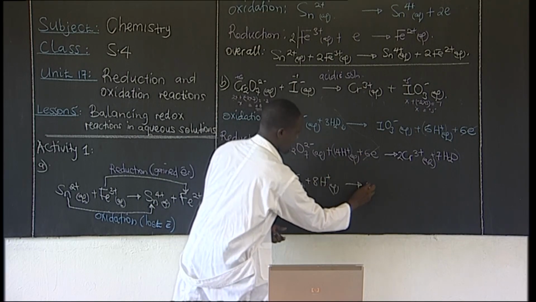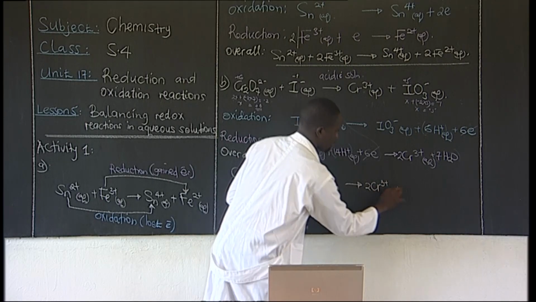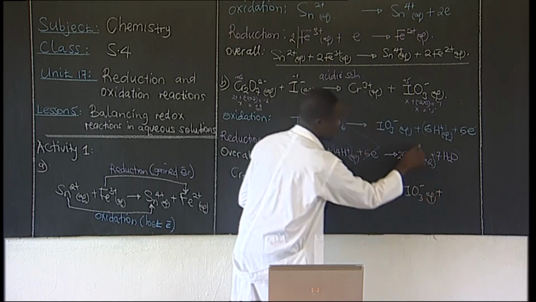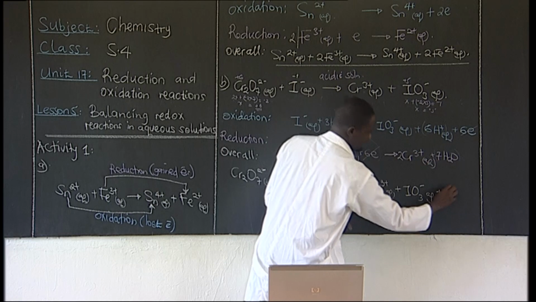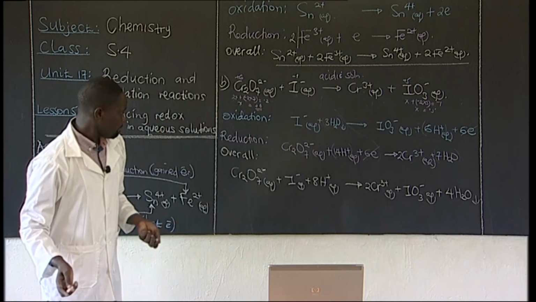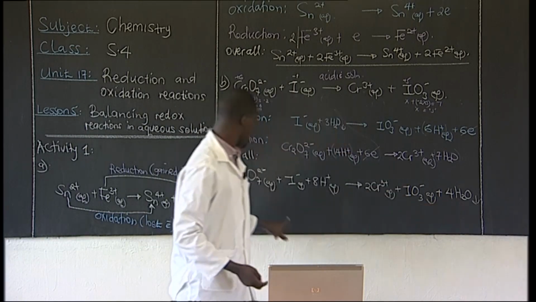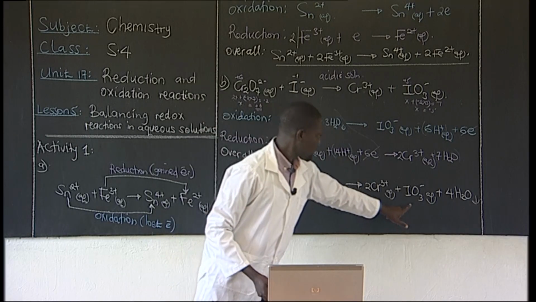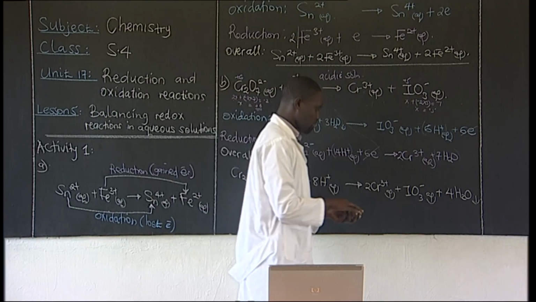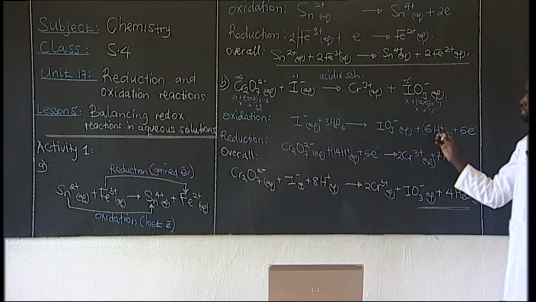Finally, we have our product as 2 chromium 3 ions plus the iodate ion, then plus 7 minus 3, giving us 4 waters. So can we check if everything is balanced? Hydrogen is balanced. Oxygen is balanced, 3 plus 4, 7, and the charges. And so this becomes our aspect with acidic solutions.